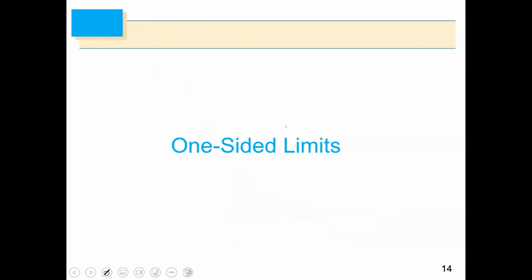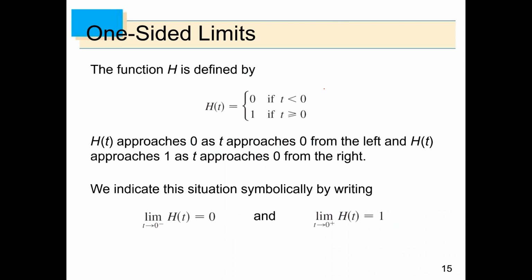Now we arrive at the definition of one-sided limits. We called it previously right-left. So we will make sense of this definition. Let's take this example, the function h.